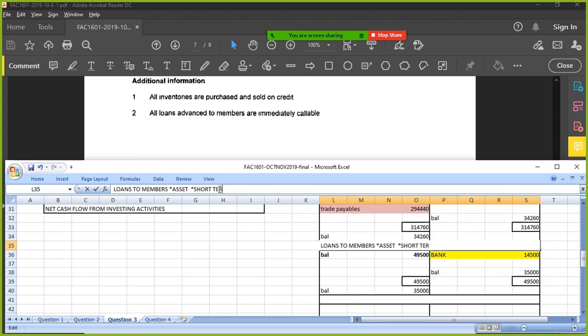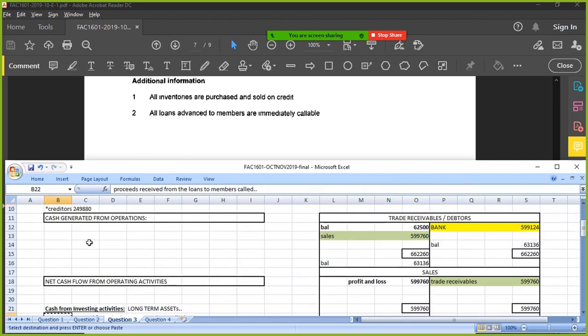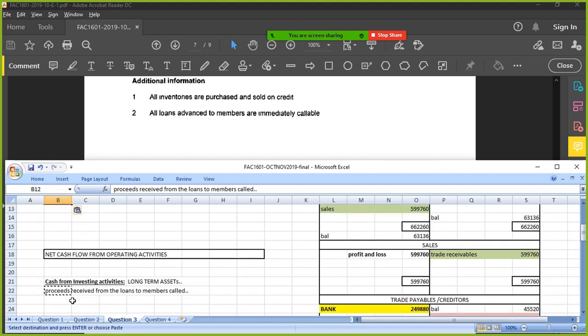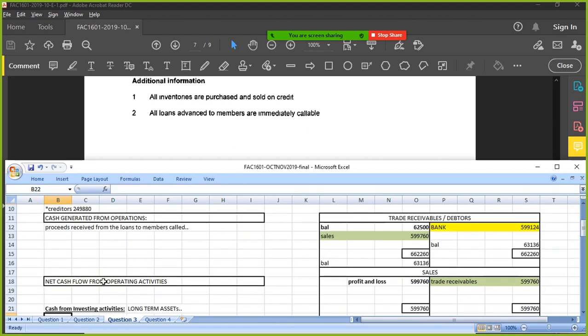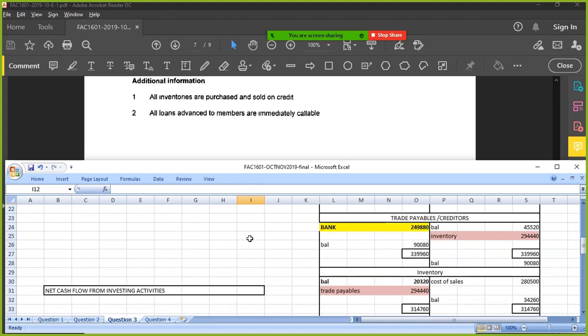Does that make sense? Yes. Only because it's short term would I then be inclined to record it here rather than there. So I'm going to do it that way just because we saw that previously in one of our assignment questions. So it's an inflow of 14,500.